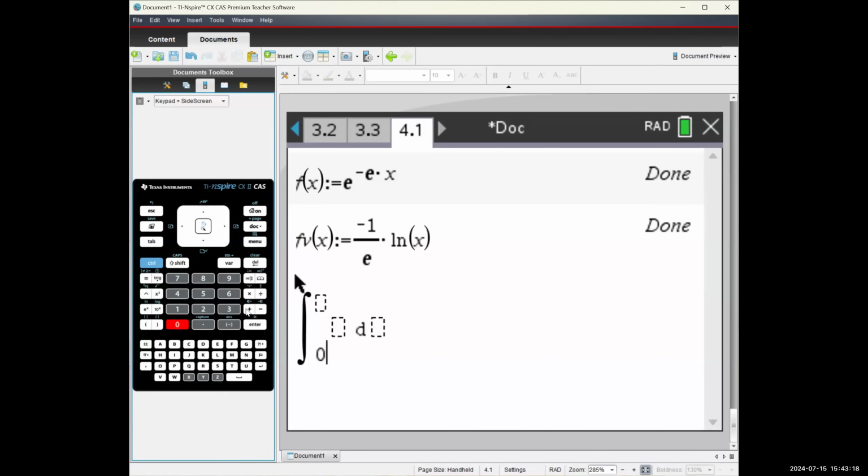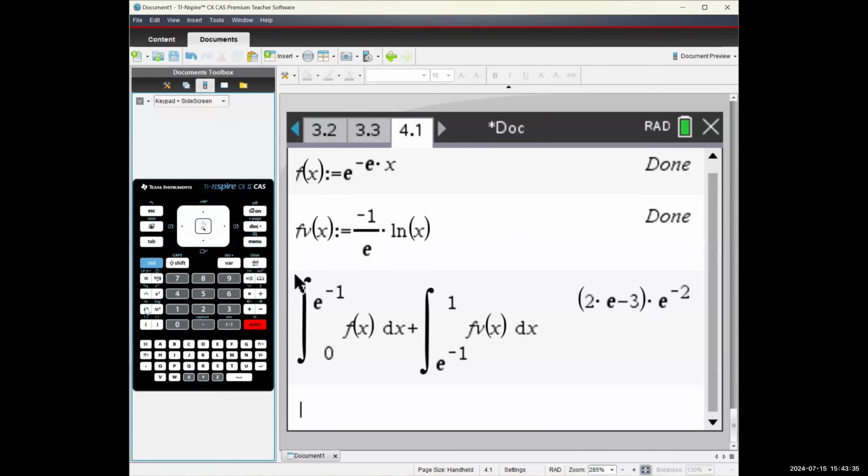Then the integral from 0 to e to the power minus 1, that's 1 over e, of f of x dx, plus the integral from e to the power minus 1 to 1 of f inverse of x. So this is the final answer, 2e minus 3 times e to the power negative 2 or whatsoever.